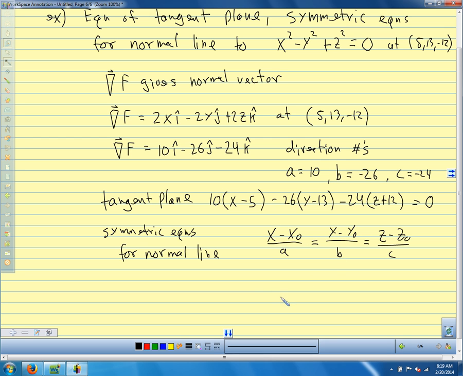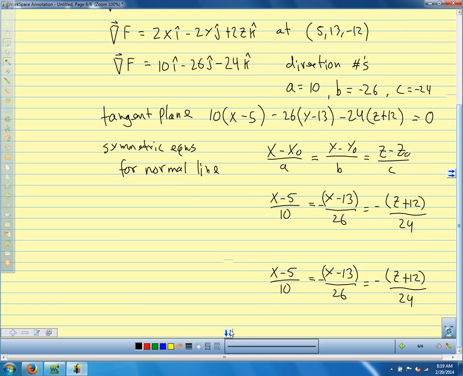So we get x minus 5 over 10 equals negative y minus 13 over 26, and that equals negative z plus 12 over 24. So those are my symmetric equations for the normal line.